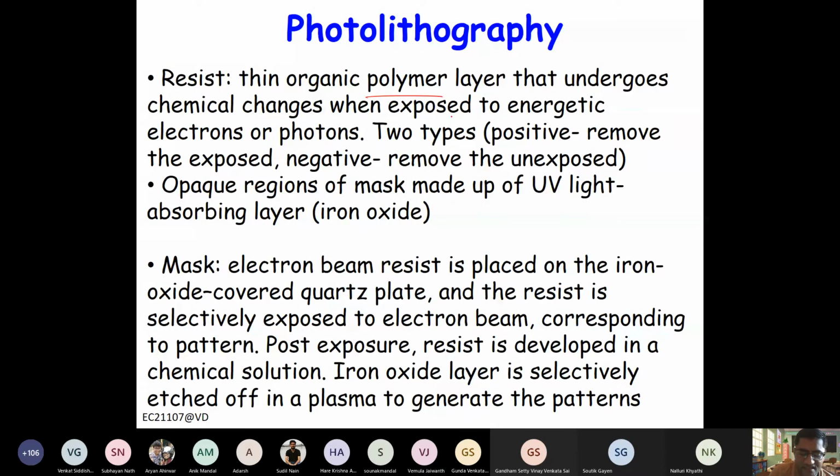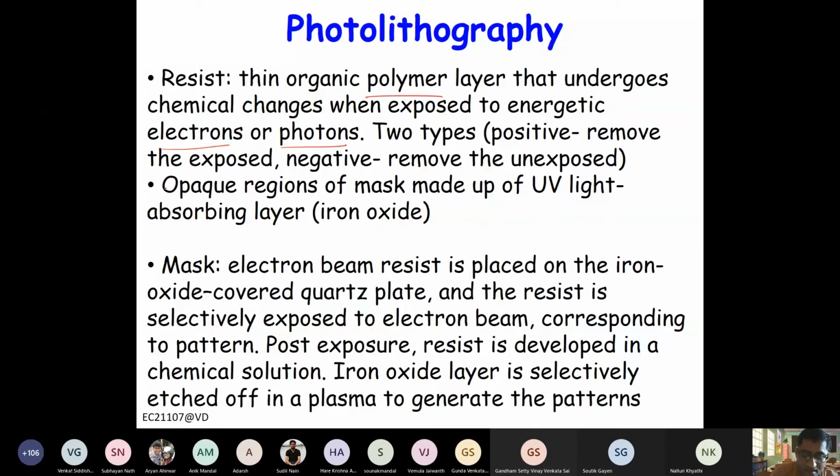When it is exposed to UV light or high energy electrons, it gets a name based on that, right? UV lithography or electron beam lithography. And there was one question also, right? If you use electron beam lithography, the wavelength will be very small, so you can do finer operations.